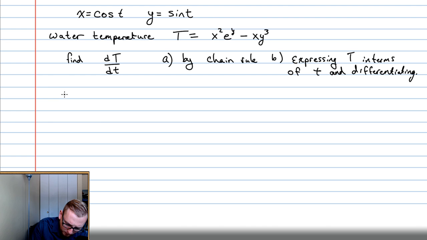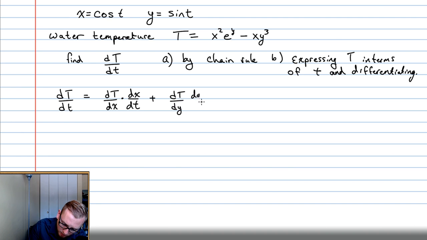Well, dT by dt would be what? dT/dx times dx/dt plus dT/dy times dy/dt.